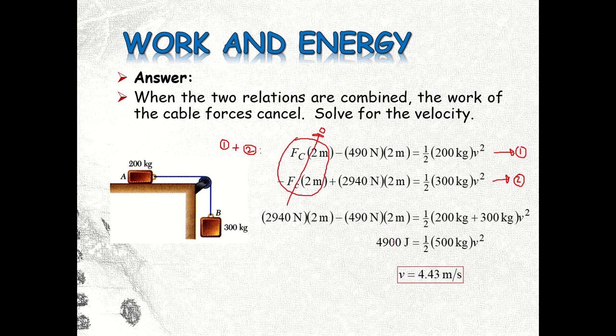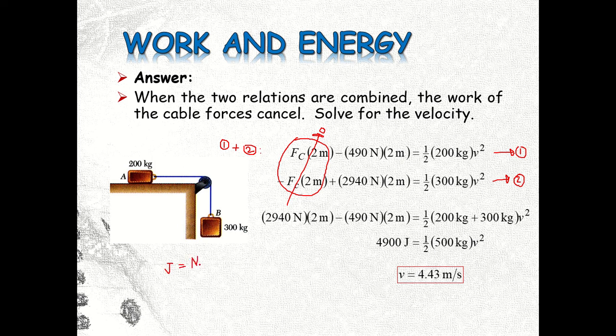Take note that this is Newton meter, meaning 490 Newton meters, so this is in joules. Then we have kilogram. Our velocity is meter per second squared, so meter squared per second squared. So why is it that the joule was eliminated? Because we know that joule is in terms of Newton meter, right?